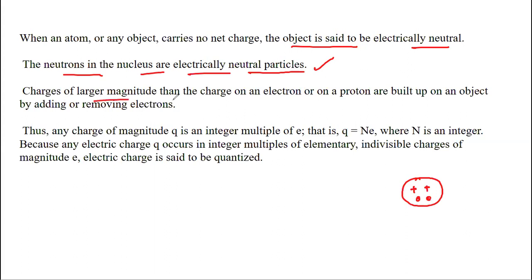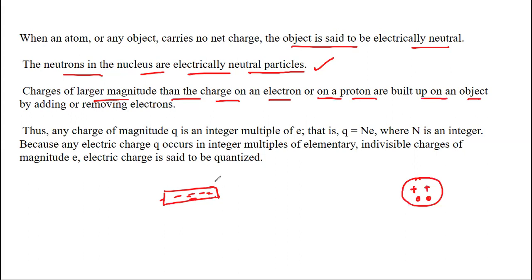Charges of larger magnitude than the charge on an electron or a proton are built up on an object. Let's say you have a metal slab, and it contains a lot of charge, let's say 25 coulombs, 50 coulombs, built up on this metallic plate, right? Then how do we calculate that charge? How do we keep track of the electrons? How many electrons are here?